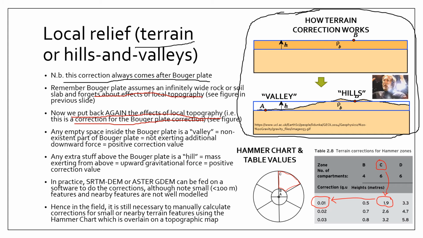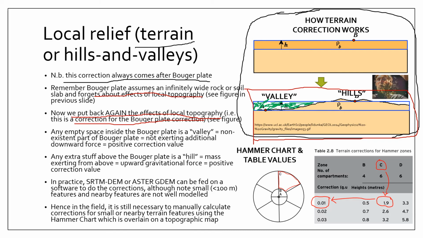Alright, for example, let's look at this figure. So this blue stuff is our Bouguer plate correction, and this green area here is technically an empty space.